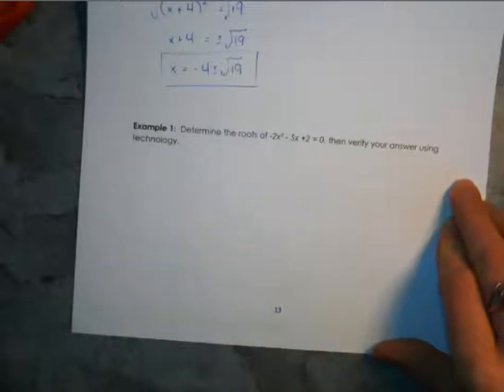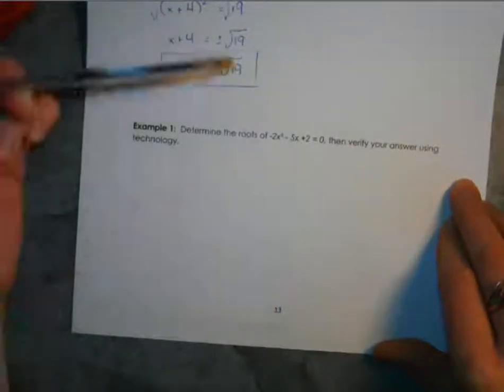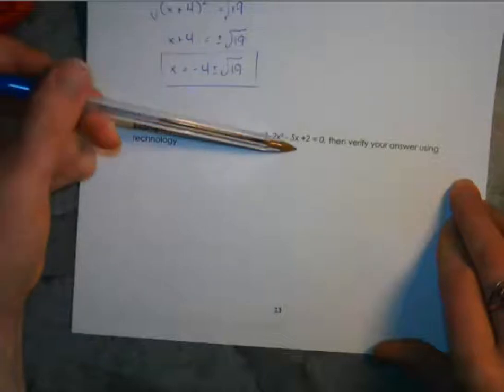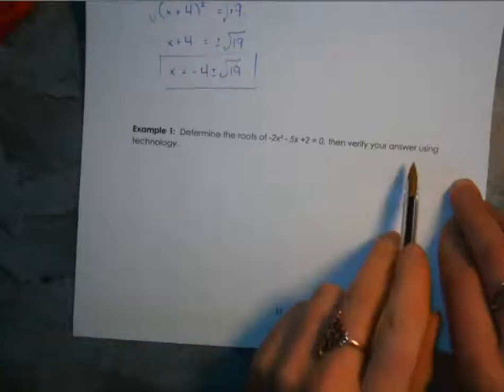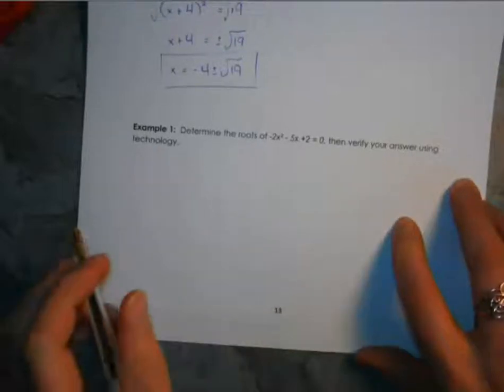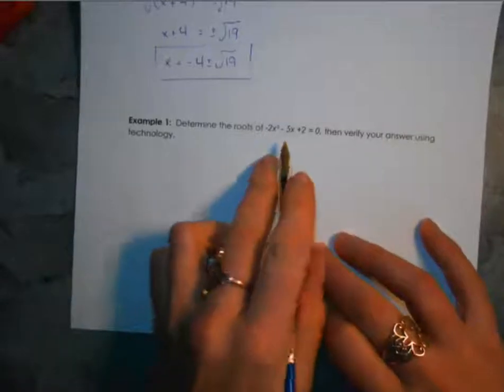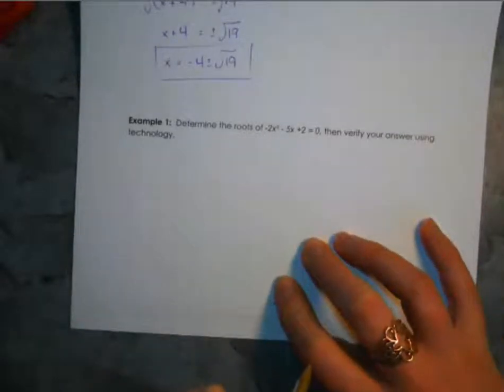A lot of times this is something you'll see on a test because I want to see that you can solve an equation using one of the techniques we've looked at. That's going to be algebraic, and then you just confirm your answer using technology, by plugging this into your graphing calculator and making sure that your answer is correct.